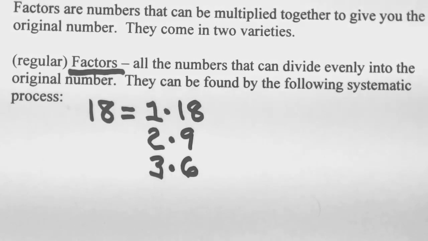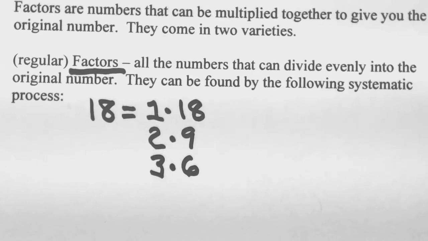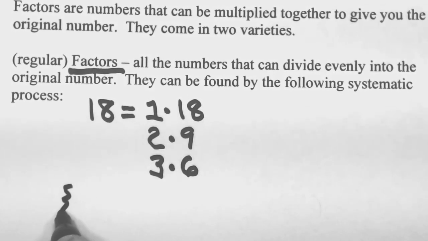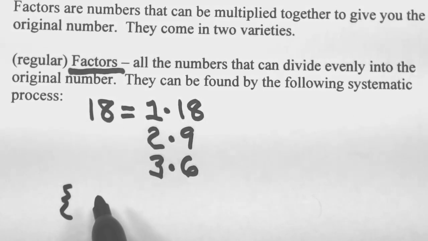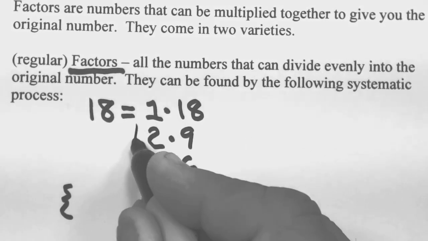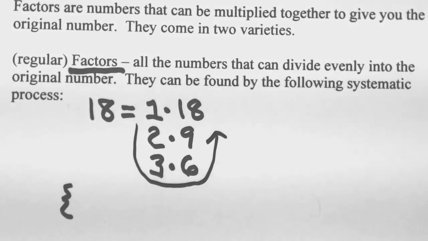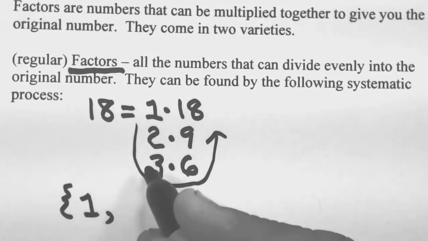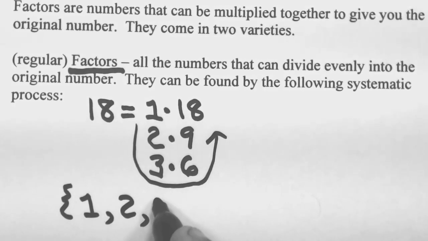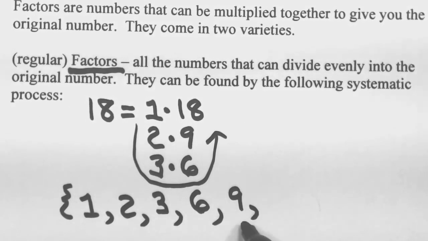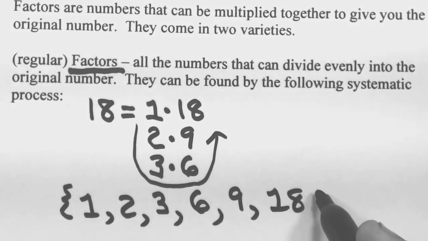Well, these are all the factors then of 18. And what we can do is make a list of these. In mathematics, we often include multiple answers inside curly brackets like this. You'll see this quite often. And what's nice to do is put these right in order to make them look nice and pretty. So for instance, 1 is a factor, and then we have 2, and then 3, and then 6, and then 9, and finally 18.